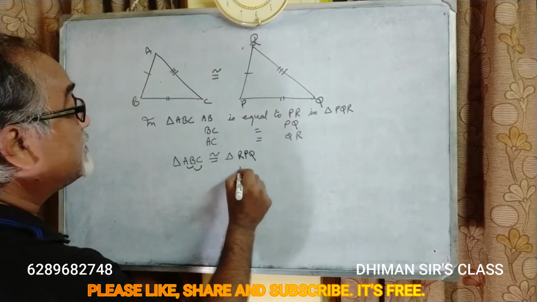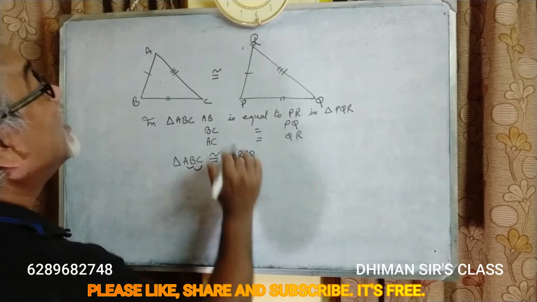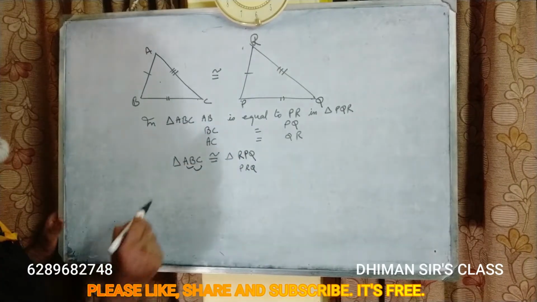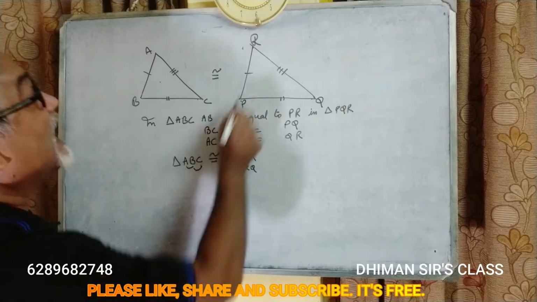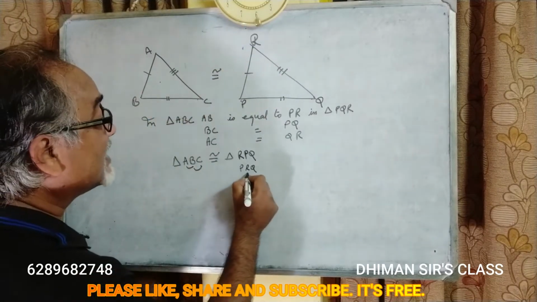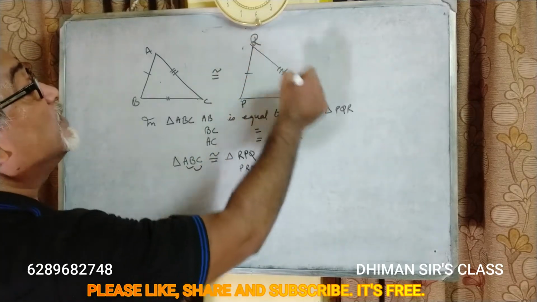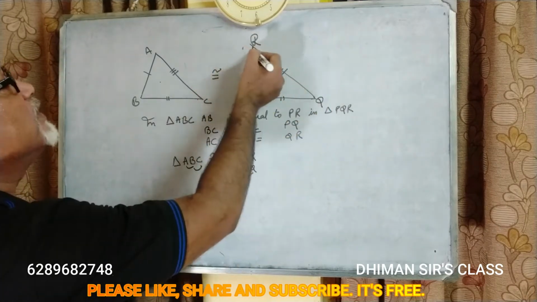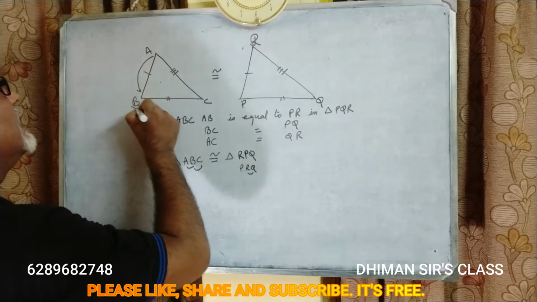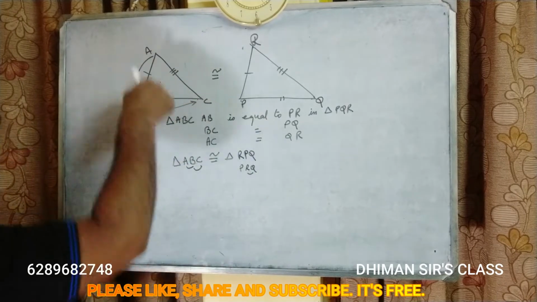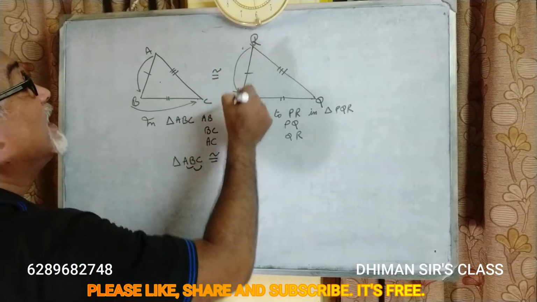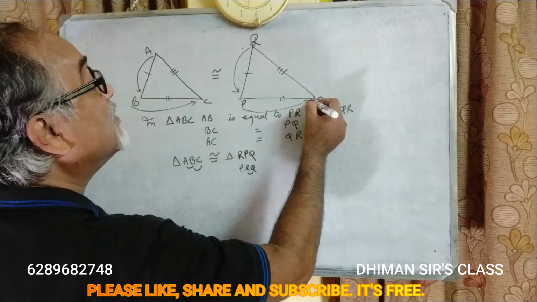If you make it PRQ, then also it becomes wrong. Why? Because AB and PR are okay. But BC, the second set, is becoming wrong, RQ. You have to maintain this sequence: AB, then BC, and RP, and then PQ.